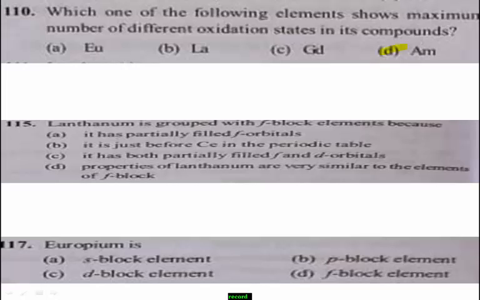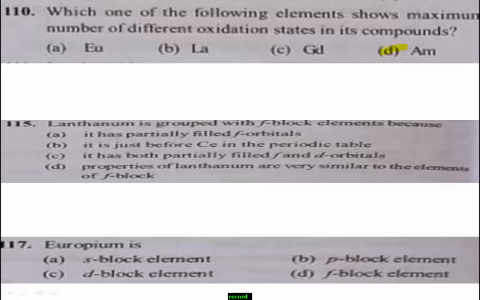Next question number 115. Lanthanum is grouped with F block elements because: while defining the F block elements, the elements start from lanthanum, is it right? Commonly we take that point.